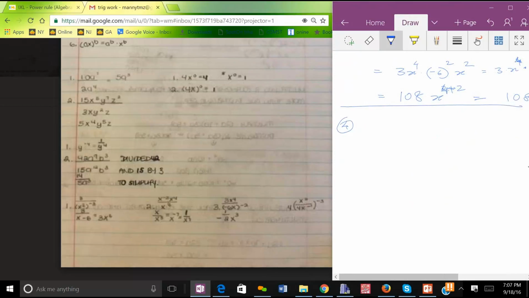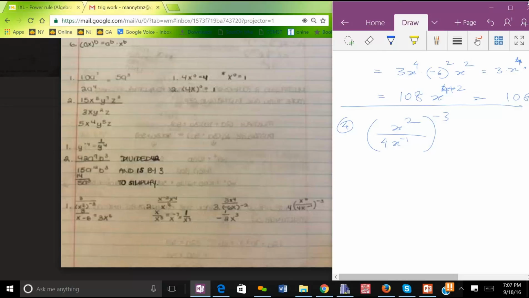Okay. What is this x squared on top? What does it say? 4x to the negative 1 to the negative 3, right? So what you do is you have that negative 3 go into each one separately, right?